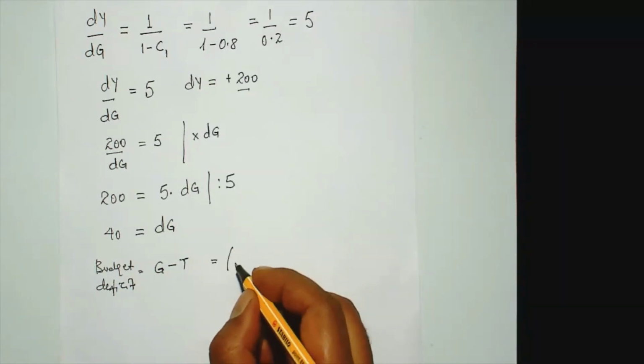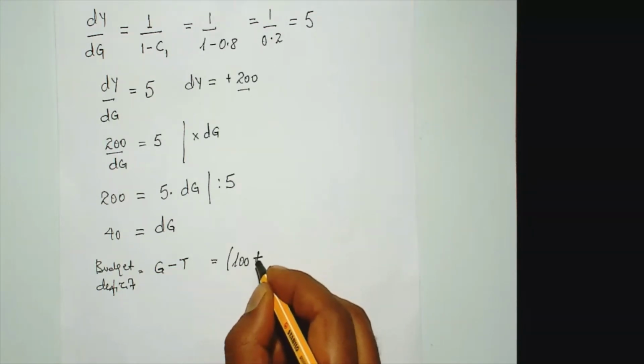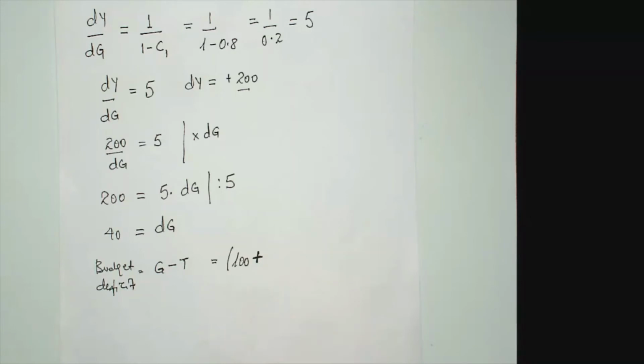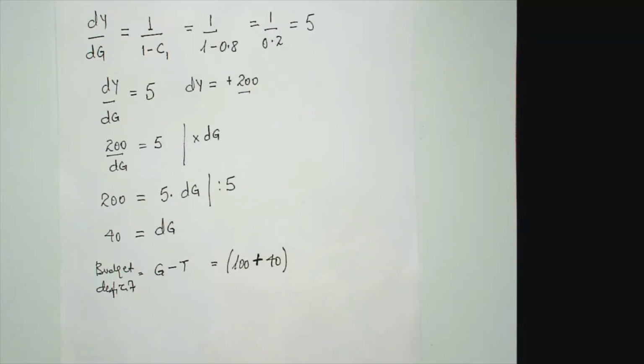So our government expenditure in the basic scenario was 100, but we are demanding that the government expenditure increases by 40 units.